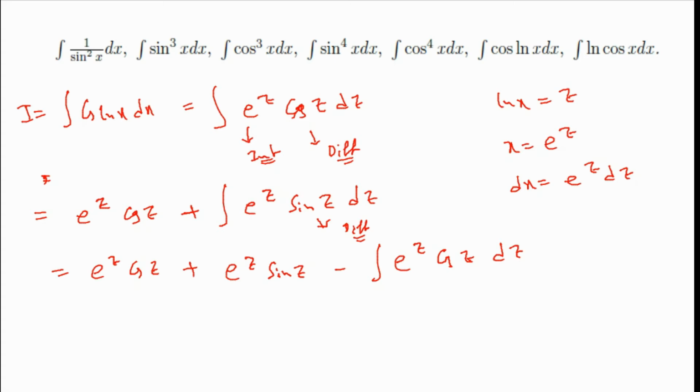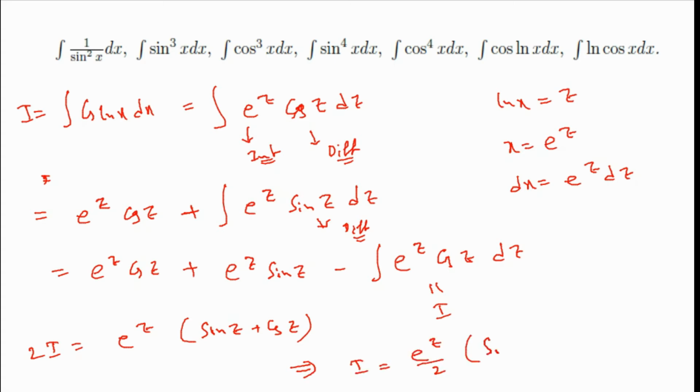Now e to the power z cos z integral is our I, so we have 2I equal to e to the power z into sin z plus cos z. It implies I equal to e to the power z by 2 into sin z plus cos z. In a similar way, you can also find sin ln x.